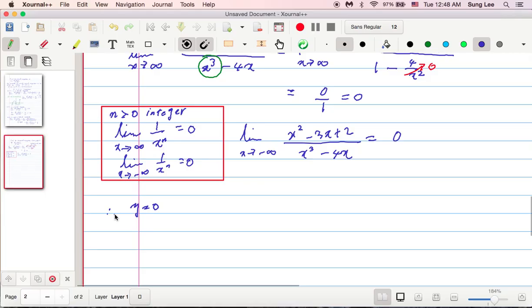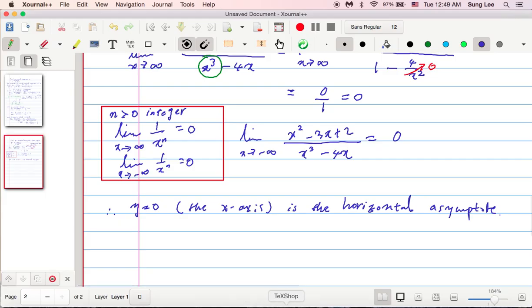This is the conclusion. In other words, the x-axis is the horizontal asymptote.